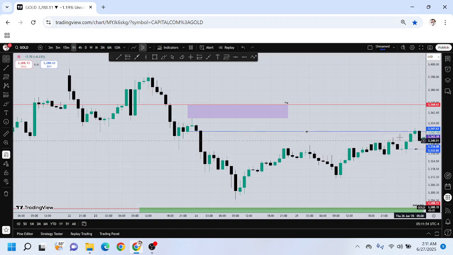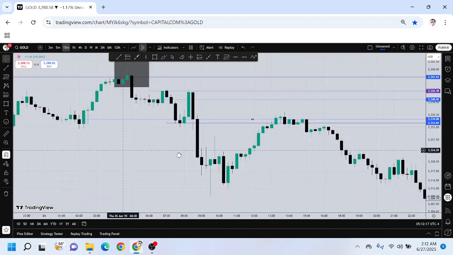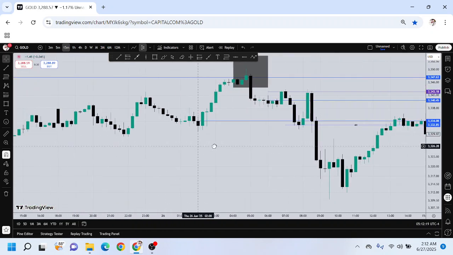So if I go one time frame lower, which is the 15 minutes, let me indicate this level so that I can easily identify it on the 15 minutes time frame. Sorry about that. So let me go one time frame lower, and here is the level.